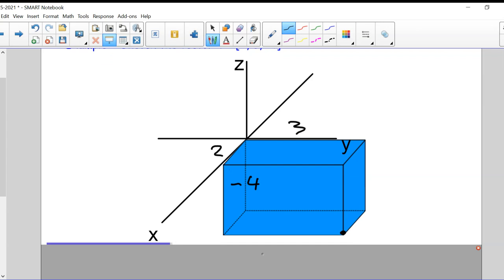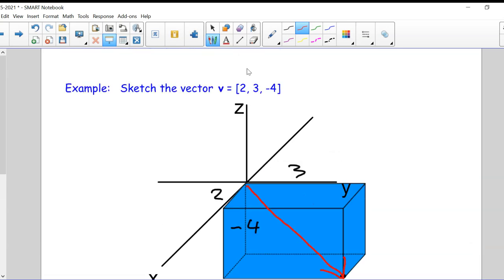So it means that the point that I'm calling 2, 3, -4 is this corner right here. So the vector that I'm going to draw in, I put it in red, is a vector that looks something like this. Right? I want to make sure everybody can see what I'm saying here. I put that box in this little part here to represent 2 going this way, and this is what I'm calling the v vector, by the way.